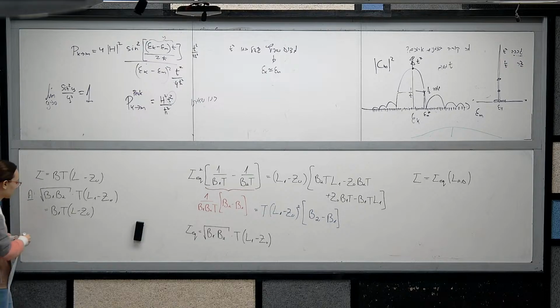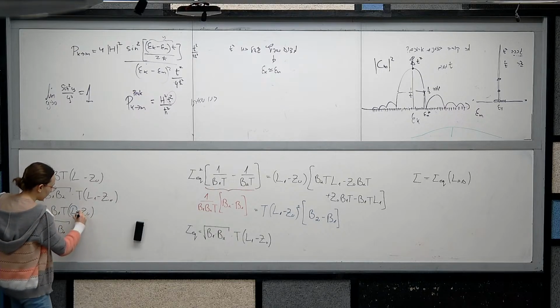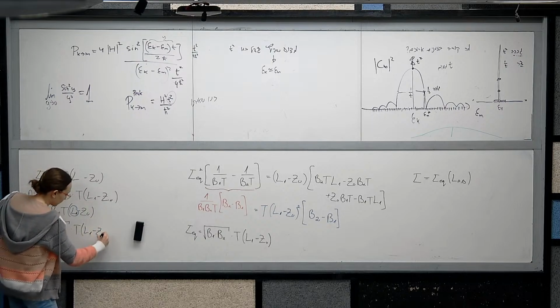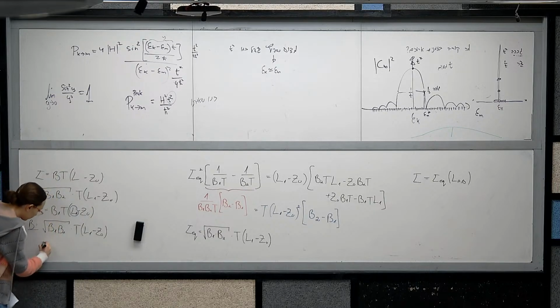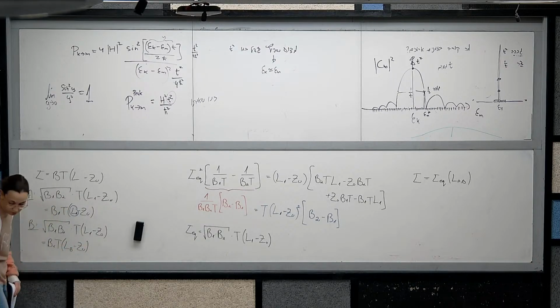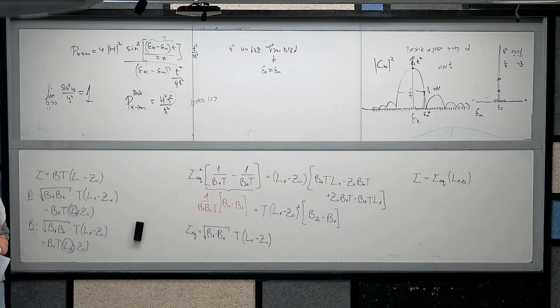Okay, and then we extract this length, because we can do it. And the same we do for the second phase. So in the second phase, we have the same, but with B2. So we have B1 B2 times T, this will be LA, L1 minus Z0, that will be equal to B2 T LB minus Z0, and we extract LB from this equation.